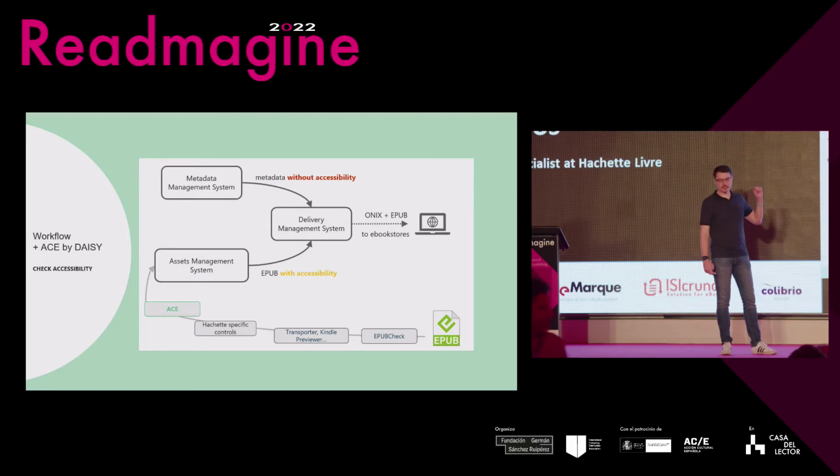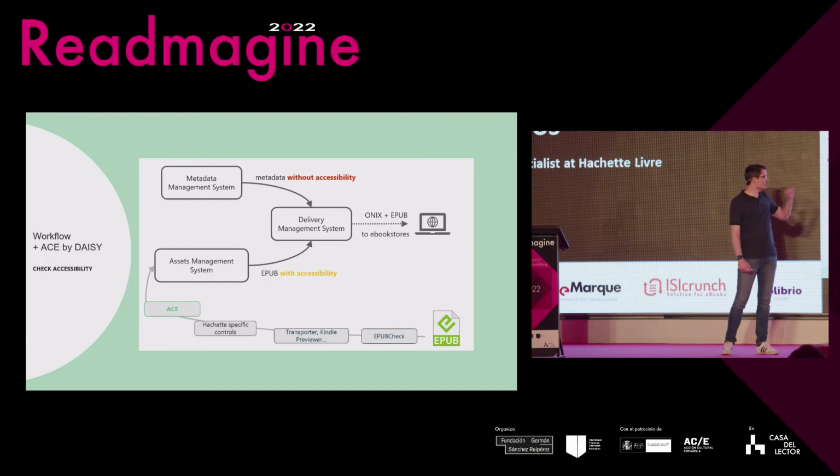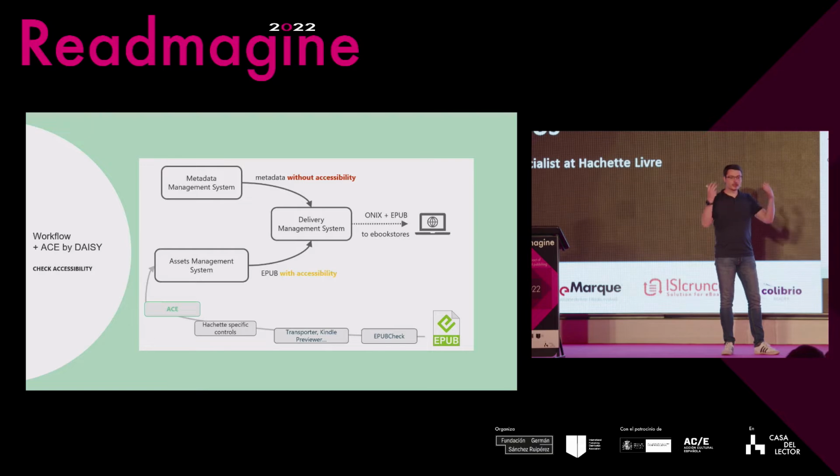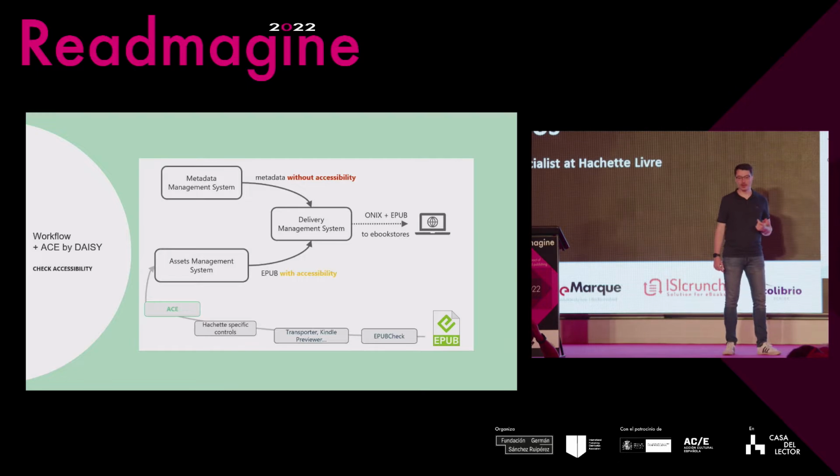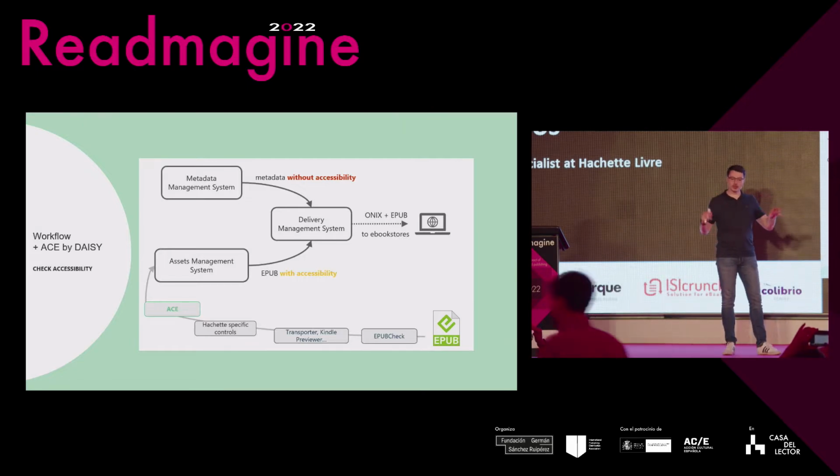So you can see in the schema, now we have EPUB with accessibility in orange. We don't know what level of accessibility we have, because ACE can't check all the accessibility within EPUBs, but we know that we have accessibility metadata inside EPUB, and we have some features in EPUB.